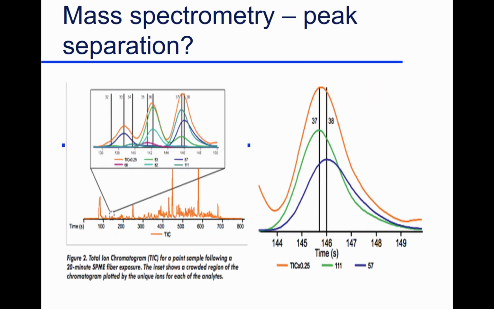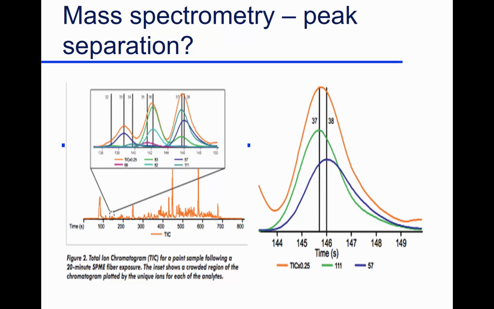This mass spectrometry does a lot of things for us. One of the most useful things, it's a very specific detector. This is a chromatogram, which you probably can't see very well. There's a little segment in here of some kind of small peaks, and that's blown up, so you can actually see what they look like up here.